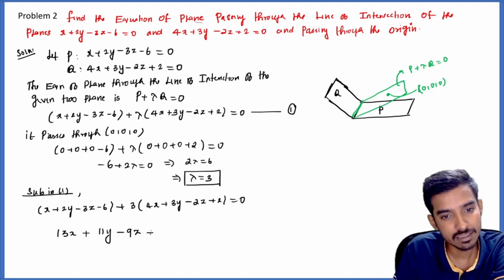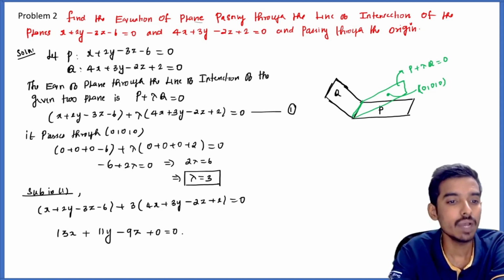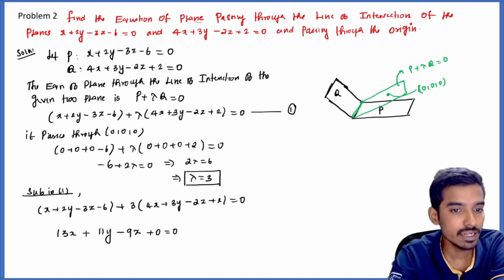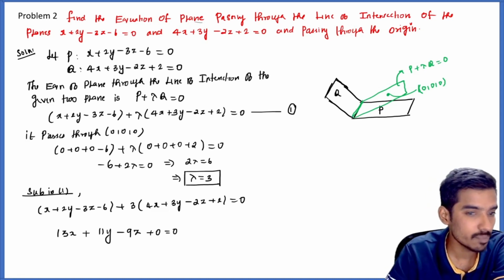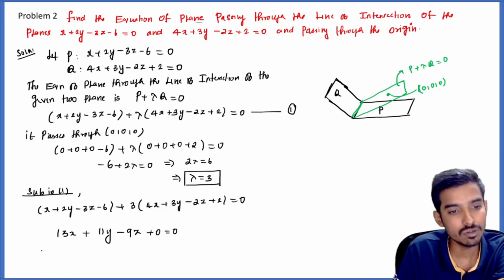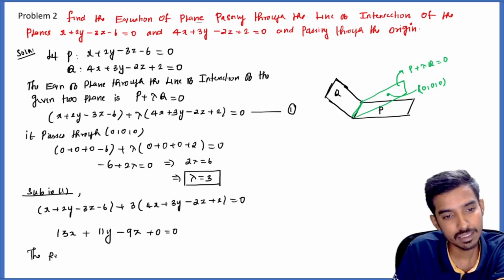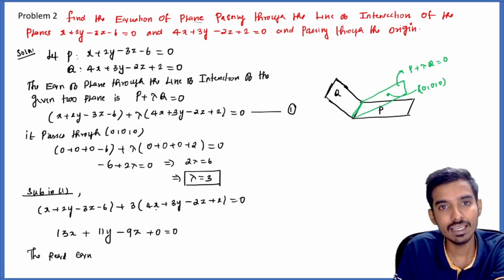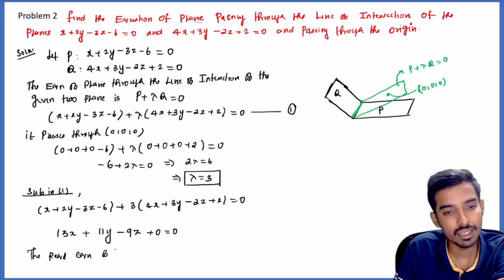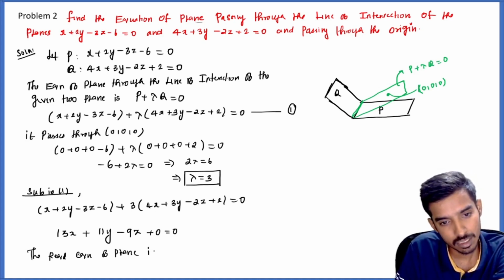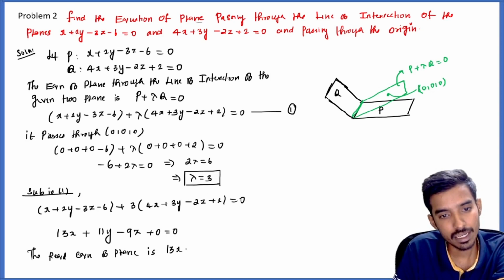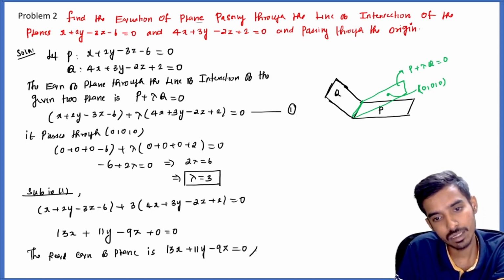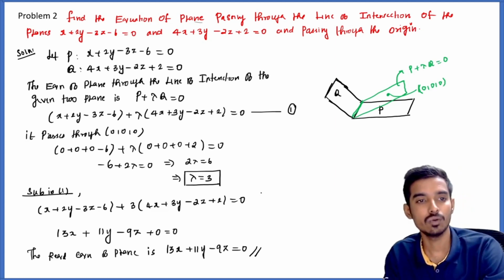Minus 6 plus 6 is 0, right? The required equation of plane is 13x plus 11y minus 9z is equal to 0, right? I just multiplied by 3 and then I simplified, right? The required equation of plane is 13x plus 11y minus 9z is equal to 0. Right? This is the required equation of plane.